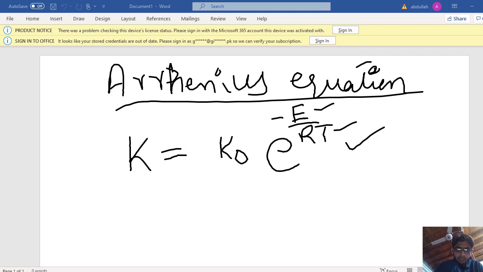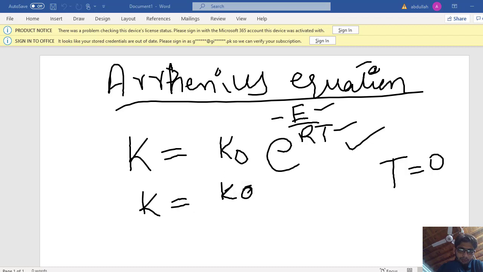Suppose the temperature T is 0, say 0 Kelvin. At 0 Kelvin this law becomes k is equal to k naught times e to the power minus infinity, because anything divided by 0 is infinity.